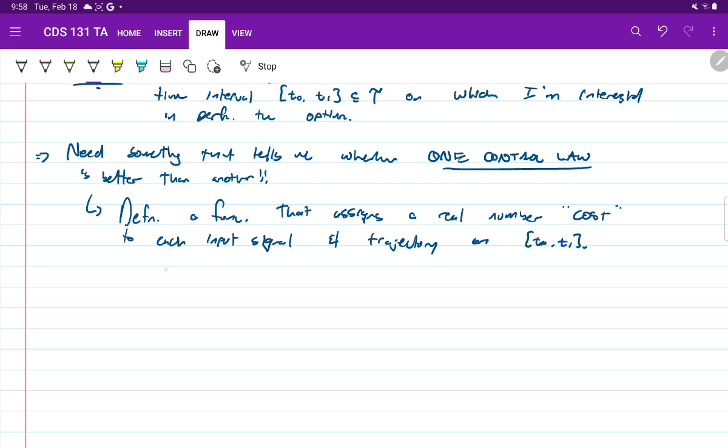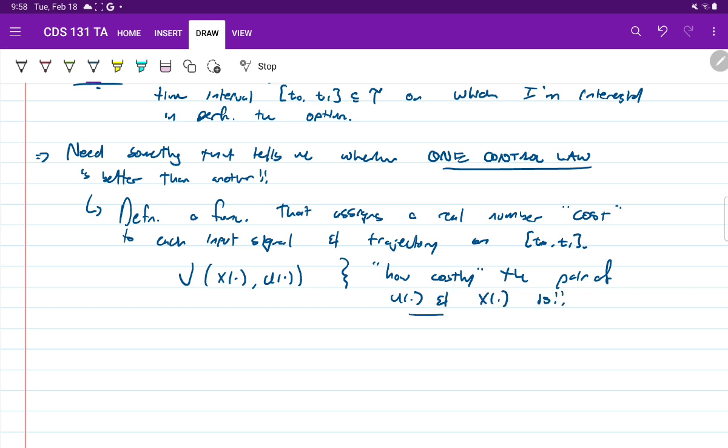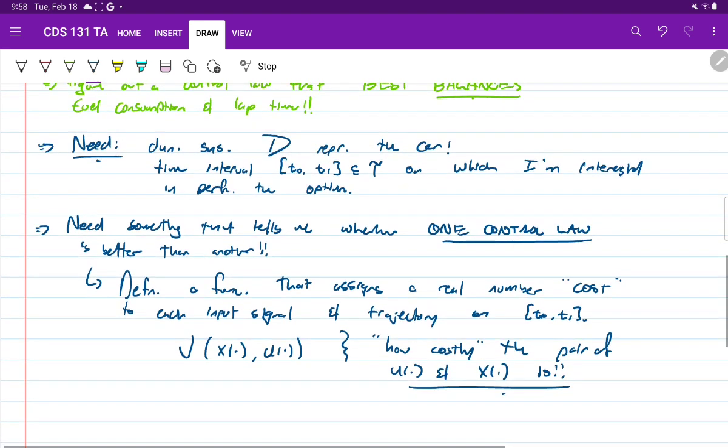So this function, which I'll call J, will take in a trajectory, which is produced by an input signal u, and it will tell me how costly the pair of u and resulting trajectory x is. Okay? So this function is called a cost function, as the name cost might suggest.